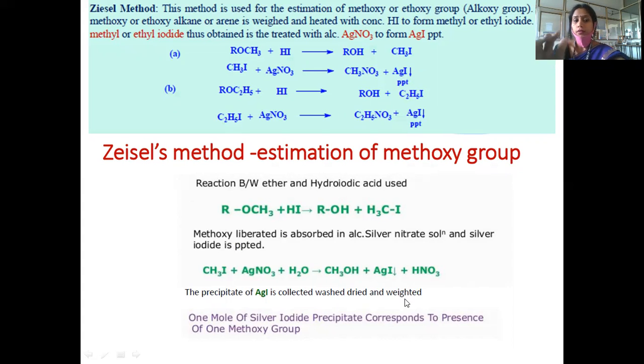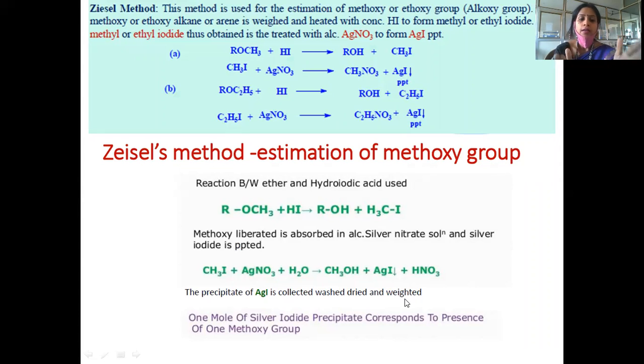There is a reaction between ether and HI, and alcohol and methyl iodide is formed. This liberated methyl iodide is absorbed in silver nitrate solution and we get silver iodide as precipitate. This precipitate is collected, washed, dried and weighed.